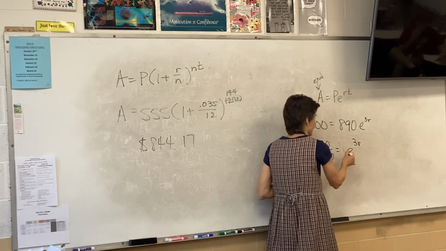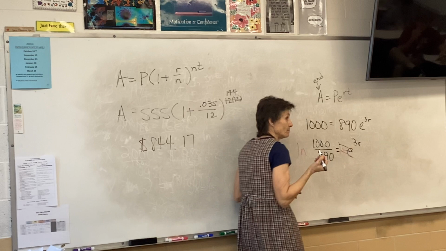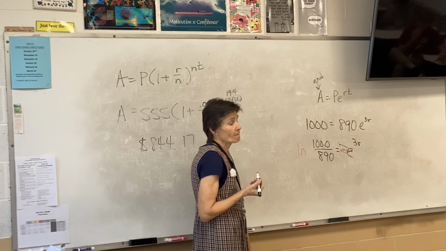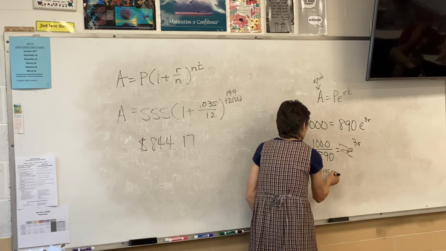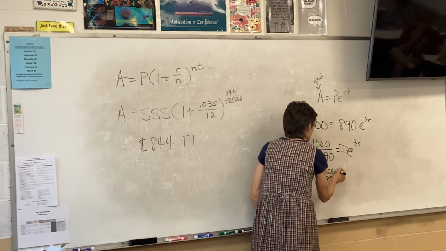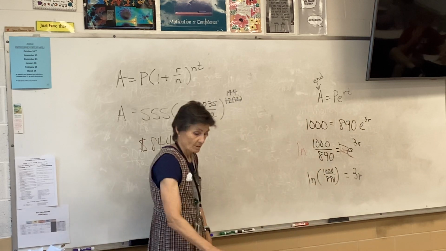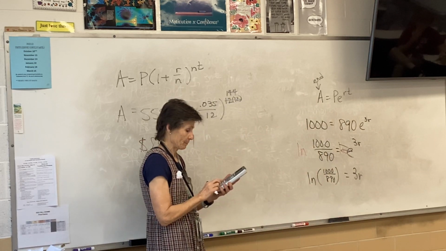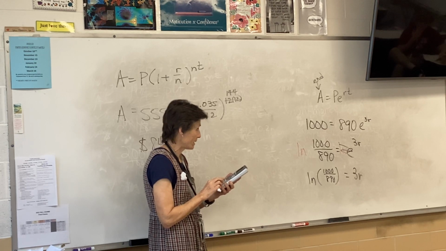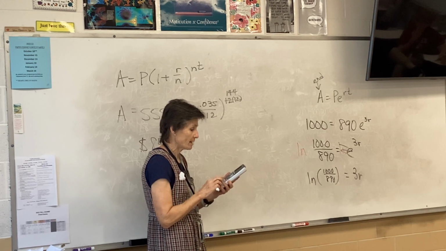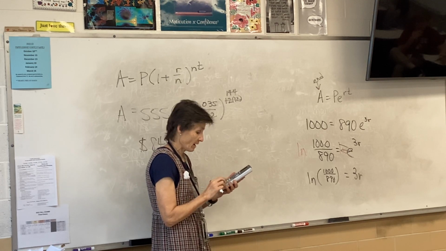It is easier to ln because of this right here, right? So we have ln of this fraction equal to 3r. So how are you going to get r? Divide by 3. Divide the fraction, so ln(1,000 over 890), close the parentheses, and divide by 3.